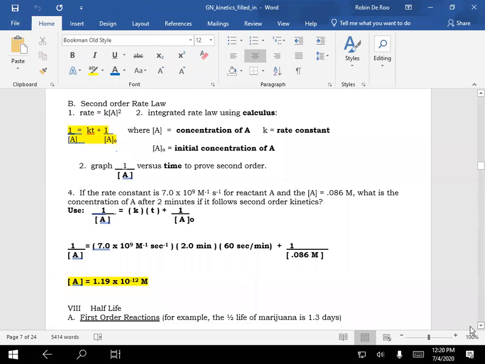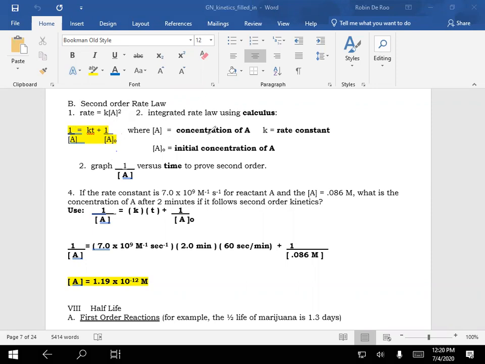Okay, let's look at the second order rate law. The second order was rate equals k times A to the power of 2. Again, we take this and we do calculus and we get the integrated rate law. The integrated rate law looks like this: 1 over A equals kt plus 1 over A sub 0.